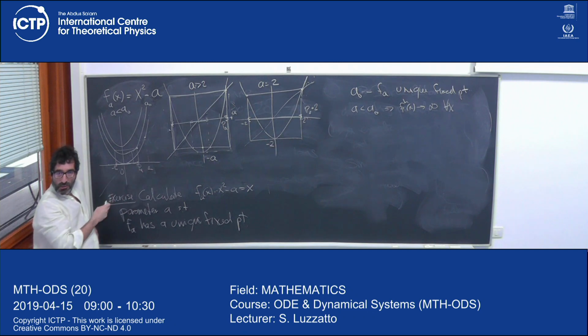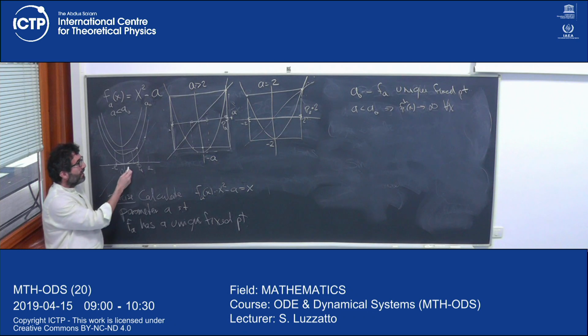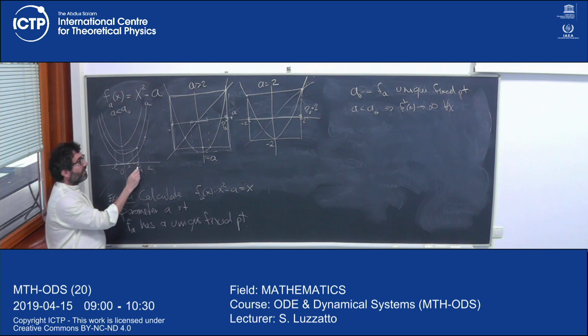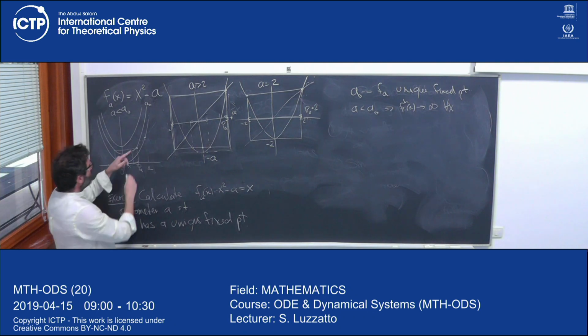So both of these things are true, of course. If A is less than A0, then this point here, which was converging to P of A, eventually goes to infinity. But it takes a very long time. So if for this parameter value A0, after 1,000,000 iterates it is very close to here, and you take a parameter that's very close, what will it look like?